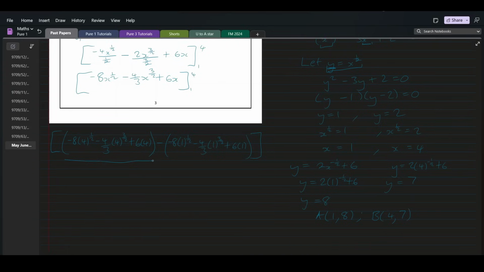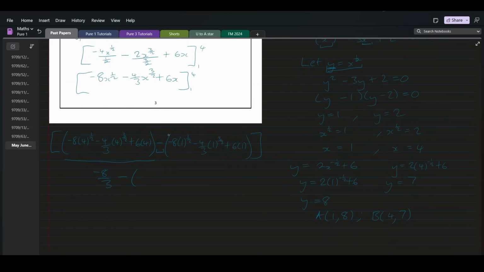We're going to start by evaluating this bracket over here. So that's negative 8 times 4 to the half minus 4 over 3 times 4 to the power 3 over 2 plus 6 times 4, and that gives us negative 8 over 3, and then we have this minus sign.